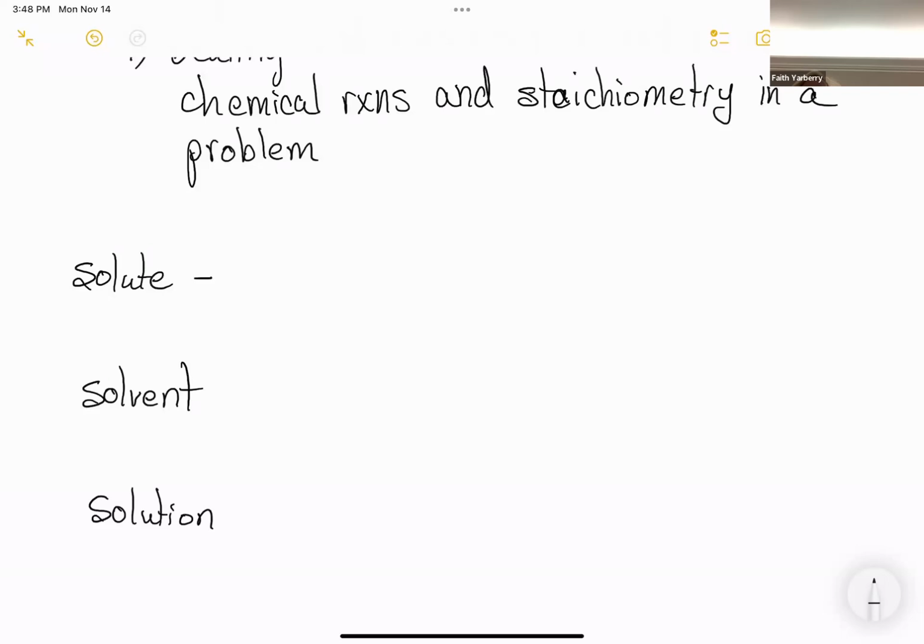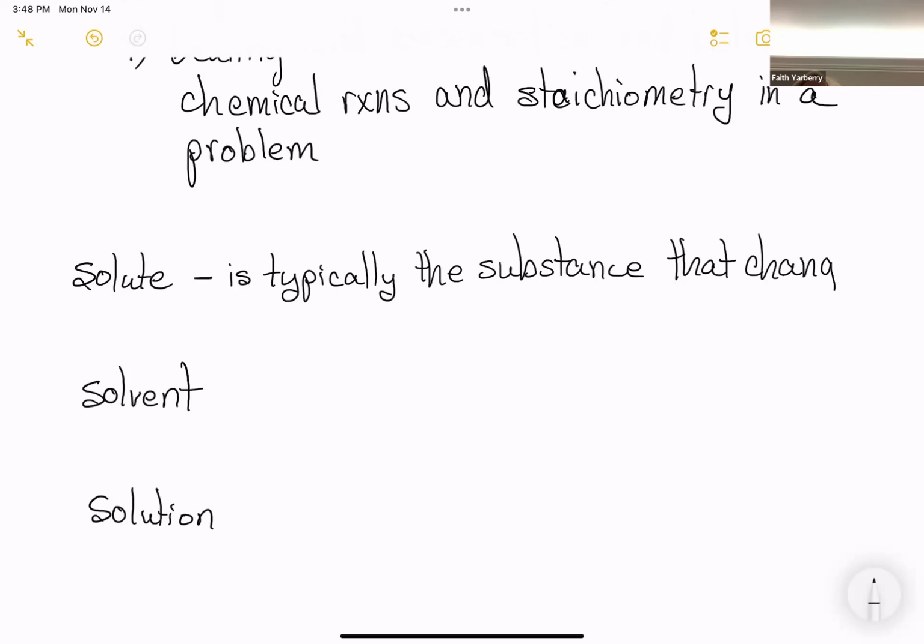The solute is typically the substance that changes state of matter or is in lowest quantity.